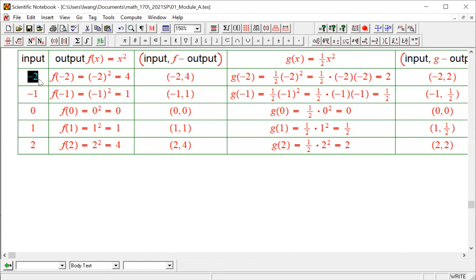The input of -2, the output was 4 under the rule of x squared. Under the new rule of half x squared, half of 4 is 2. So for -2, output is 2. For -1, the output was 1 for x squared. Under the new rule, which is half x squared, it becomes half. And for 0, 0 stays the same place.